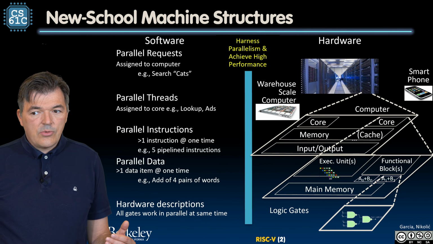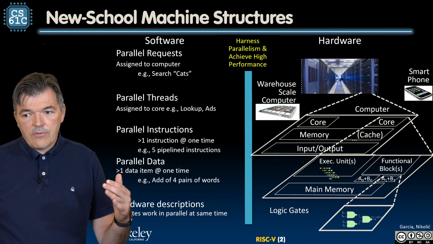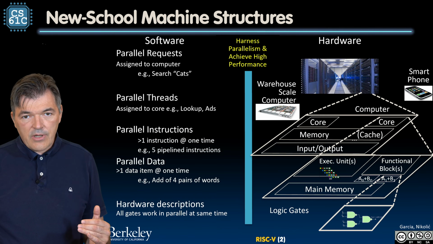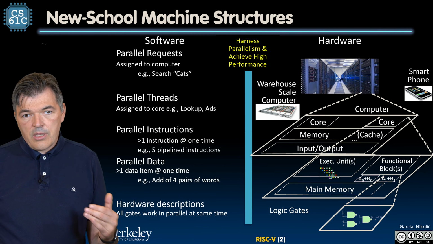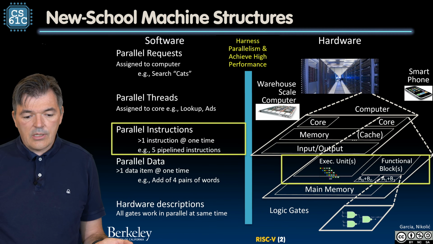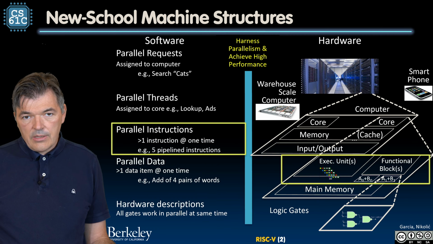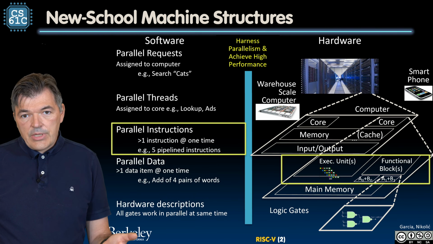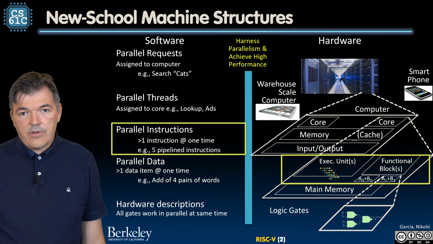In our new school of machine structures, we have looked at different layers of hierarchy and how they can support parallelism. Now we are going to take a look at parallelism at the instruction level, and what we need to do in the hardware, in the execution units, to support simultaneous execution of instructions.